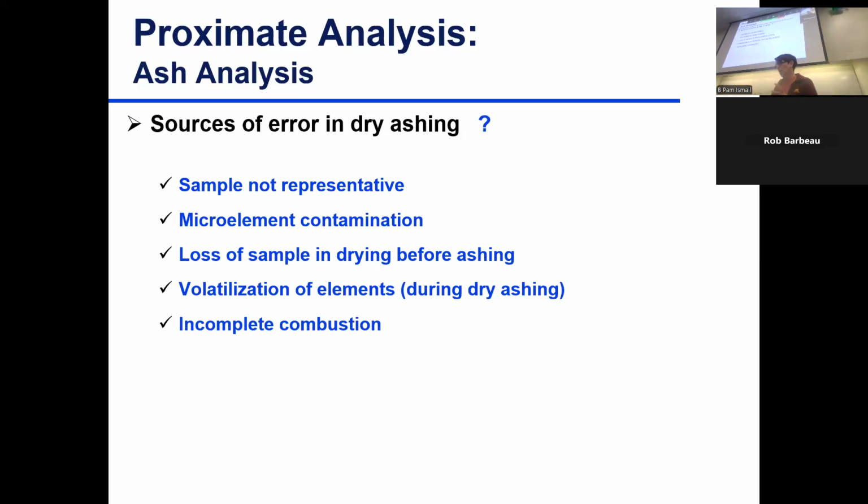If you don't have a homogeneous sample and you did not have a representative sample of the whole population, that will always give you an error. So that's a safe bet when I ask what are the sources of error: sample not represented. Contamination due to milling in a metal container. Loss of sample during drying before ashing.